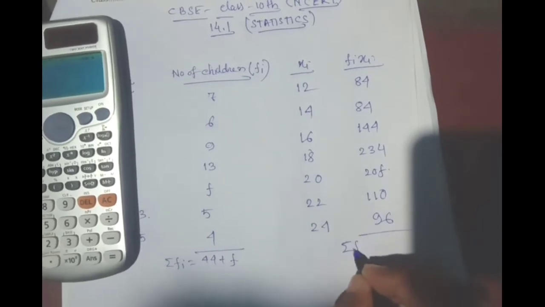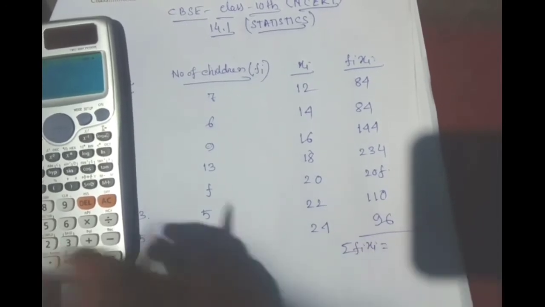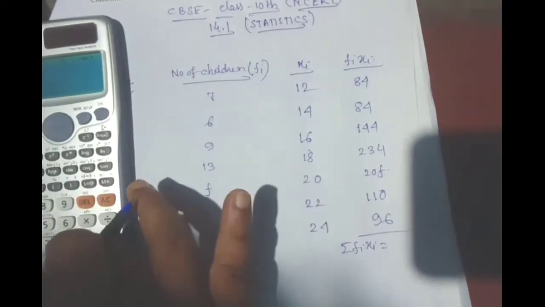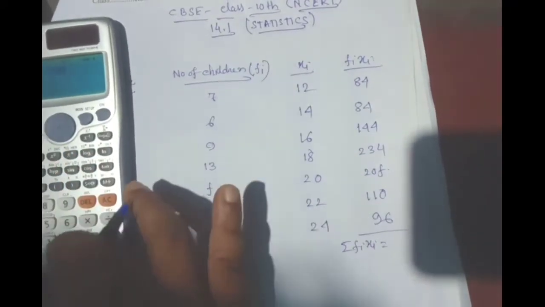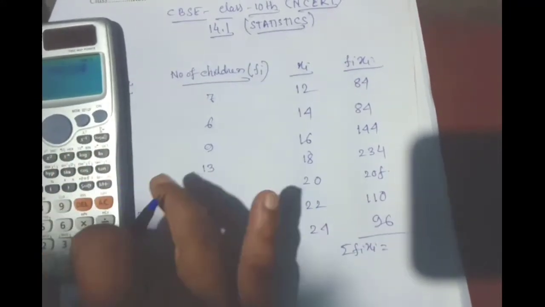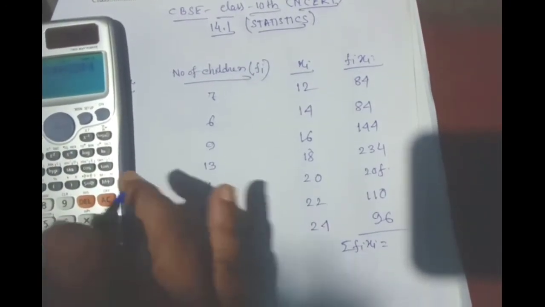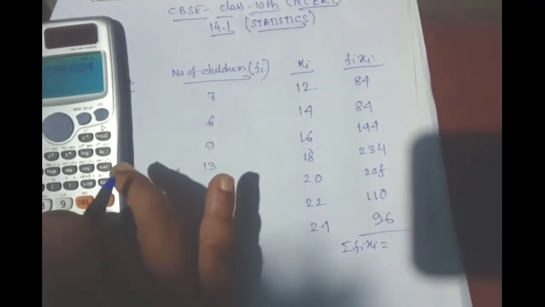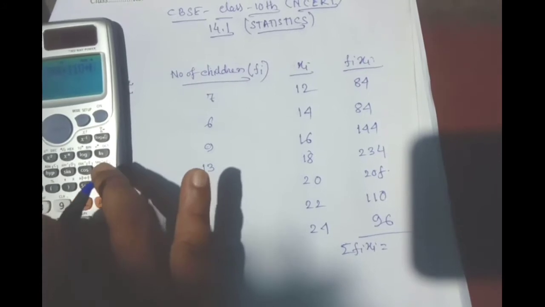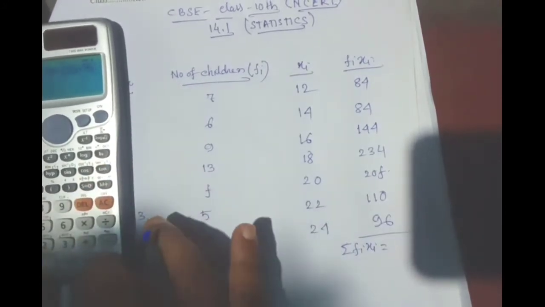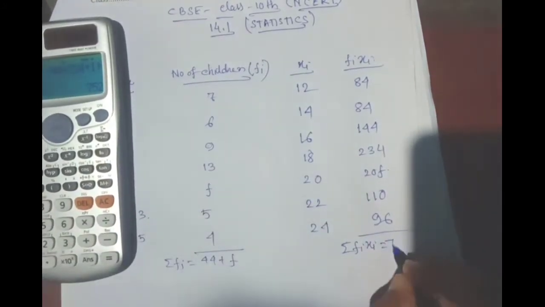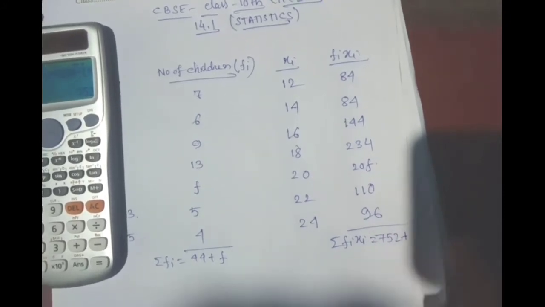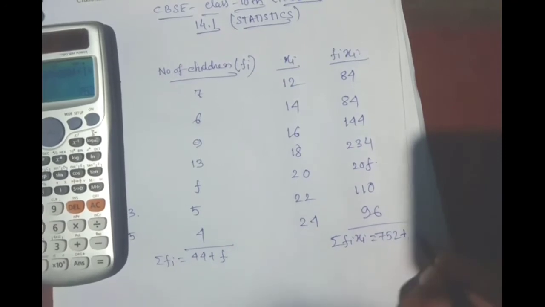Next, summation of fi xi will be 84 plus 84 plus 144 plus 234 plus 110 plus 96, which is 752, so this will be 752 plus 20f.